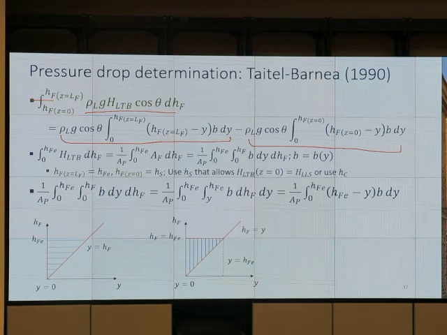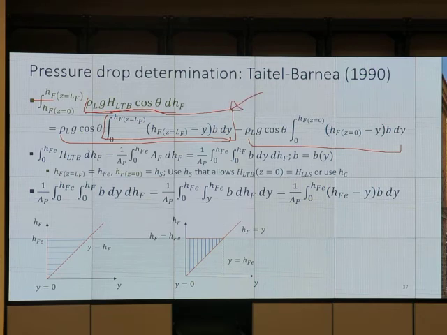Then the integration of HLTB dHF is like the area of rho g height, rho g dh. That is the hydrostatic head that we did earlier, which is this one. Make sense?